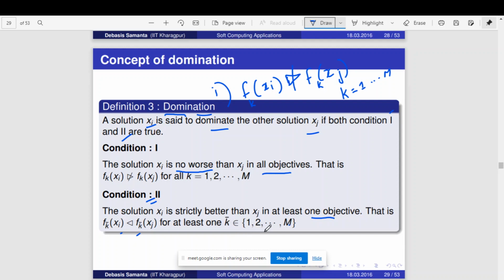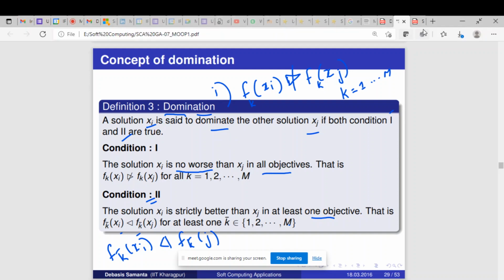In that case, we can say that xi dominates xj. Here k dash represents one objective function. There should be at least one objective function k dash for which xi is performing better than xj.